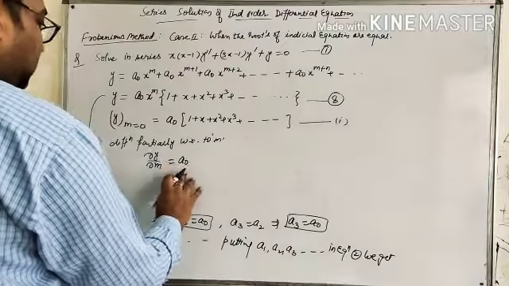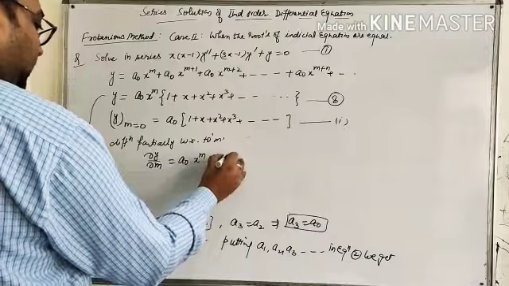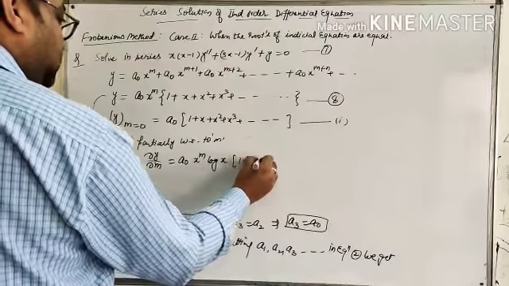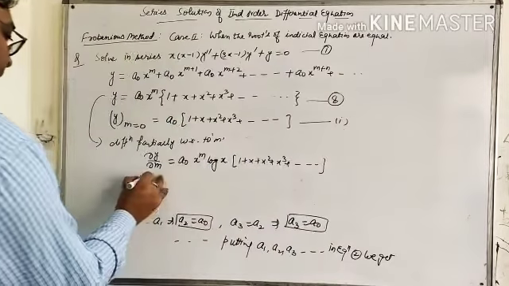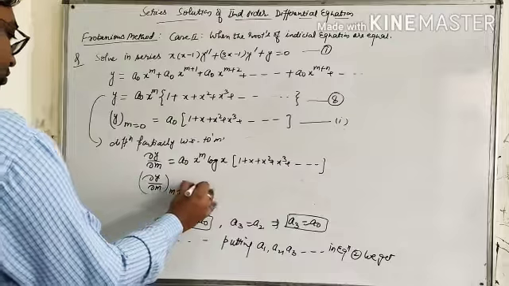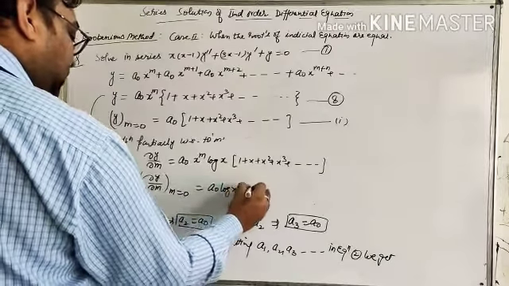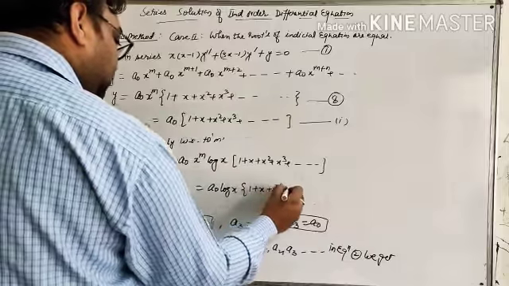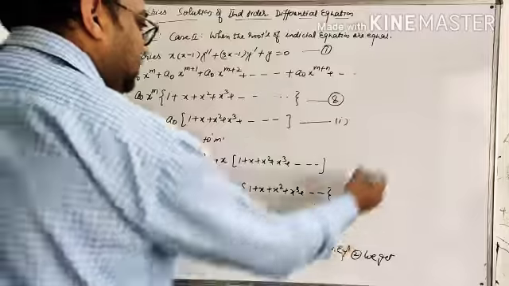So a naught x raised to power m log x, and 1 plus x plus x square plus x cube remains as it is. So del y over del m at m equals 0 is equal to a naught log x into 1 plus x plus x square plus x cube and so on. This is second.